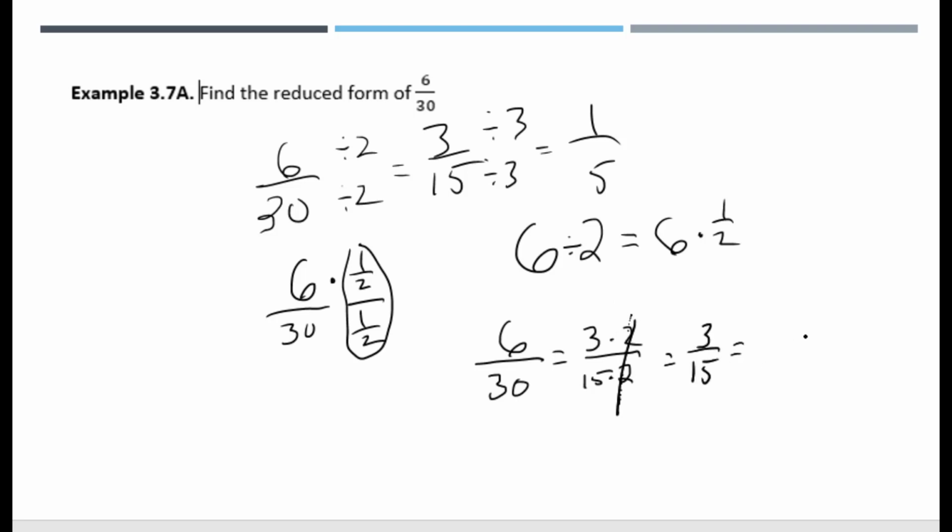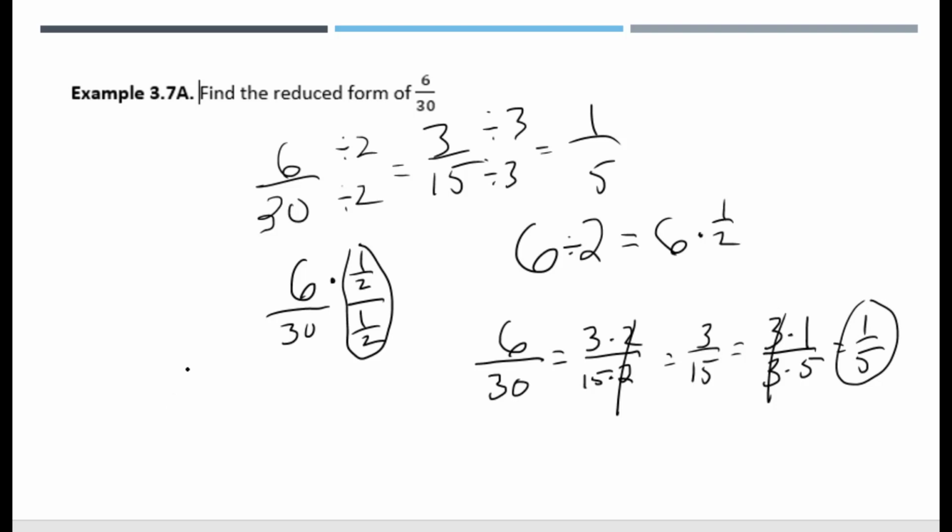And I can find another factor, a common 3. So I can say this is 3 times 1, and this is 3 times 5. That's 1, so I'm left with 1/5. That's the reduced form. There's no other common factors there besides 1.